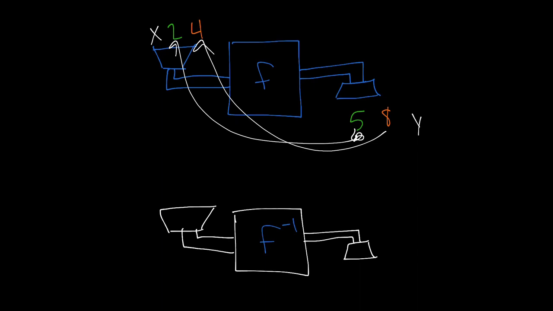We would say that's the inverse of f. If we were to plug in an 8, that would spit out a 4. If we were to plug in a 5, it would spit out a 2. So an inverse function is just a machine that does the opposite of the original function. If the function gets us from point A to point B, the inverse would get us from point B to point A.